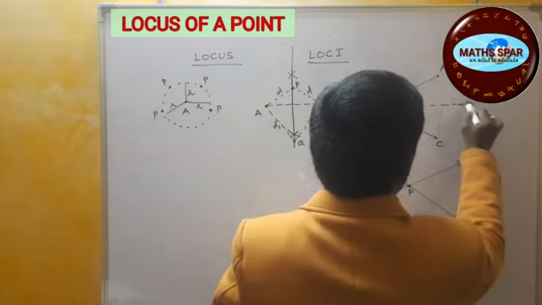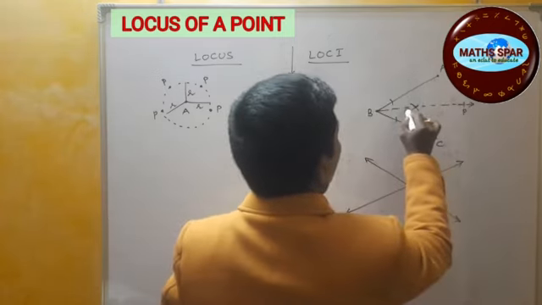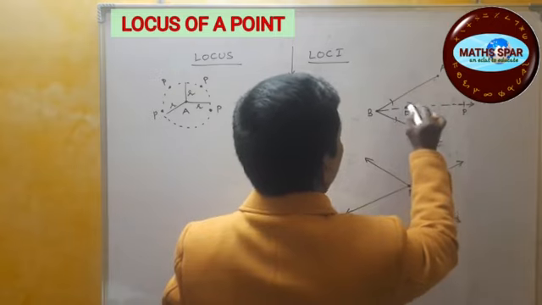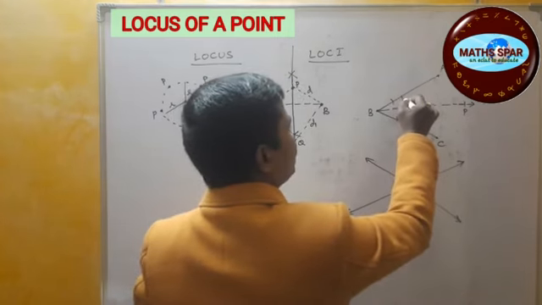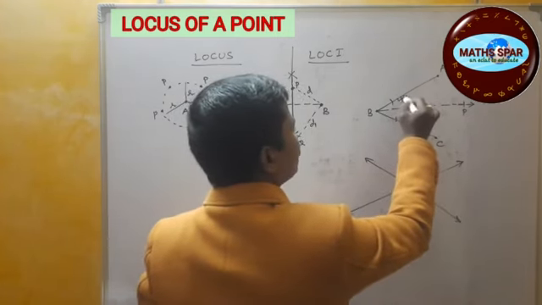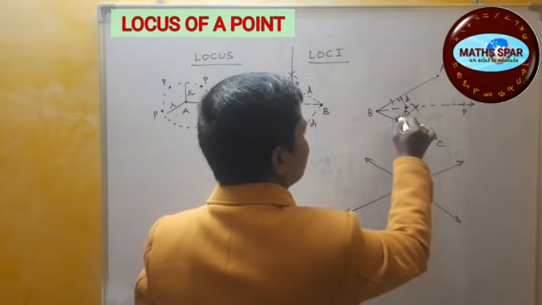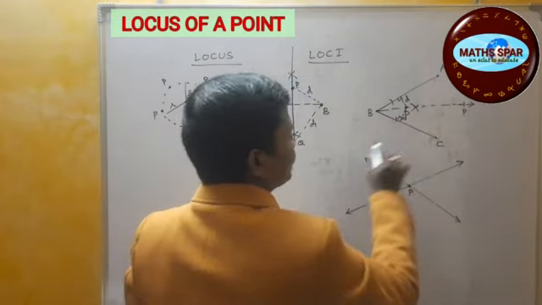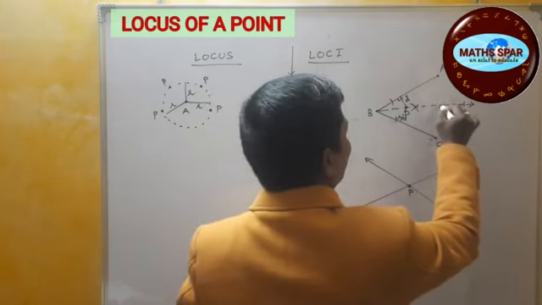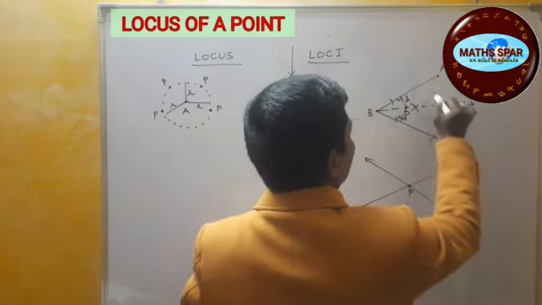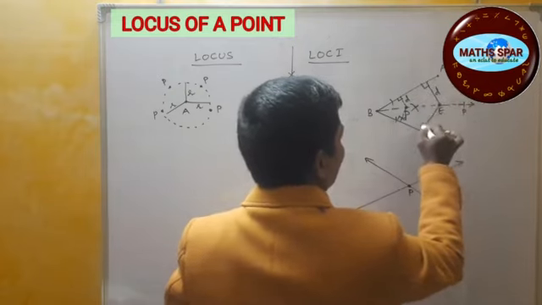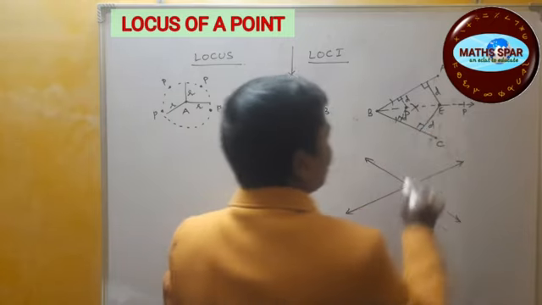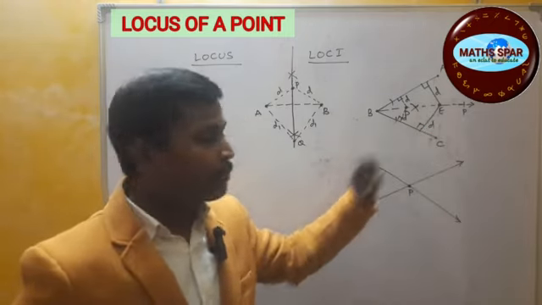Because if you take some point D here, then if you observe, this distance and this distance will be the same. Similarly, if you take one point here, then the two distances are the same here.